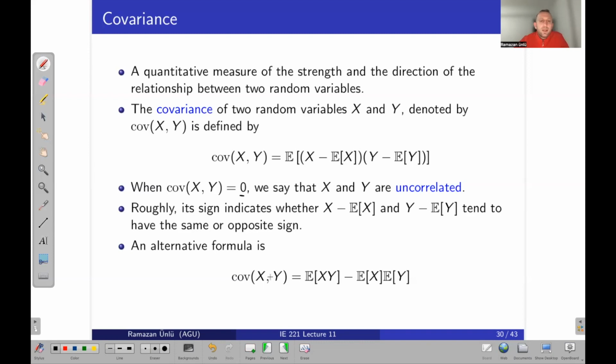And an alternative formulation is the covariance of x and y, which is equal to expected value of x times y, minus the expected value of x times expected value of y. If you do the multiplication here, you will get that one. And that is easy to remember, so you can use that formulation to calculate the covariance of two random variables.